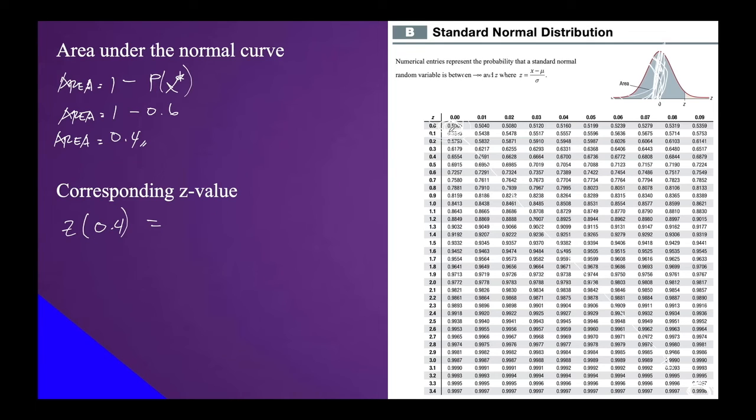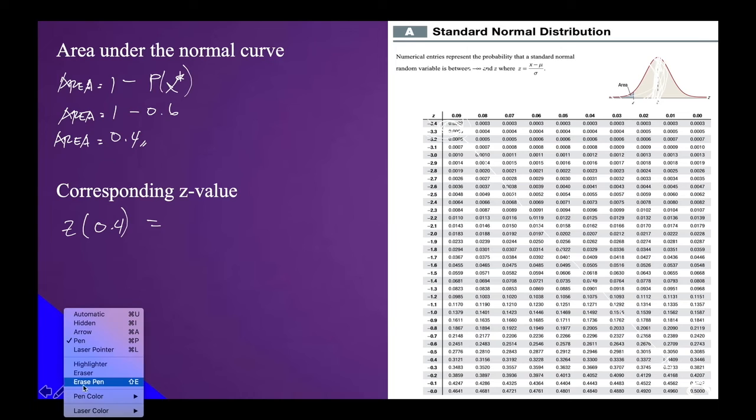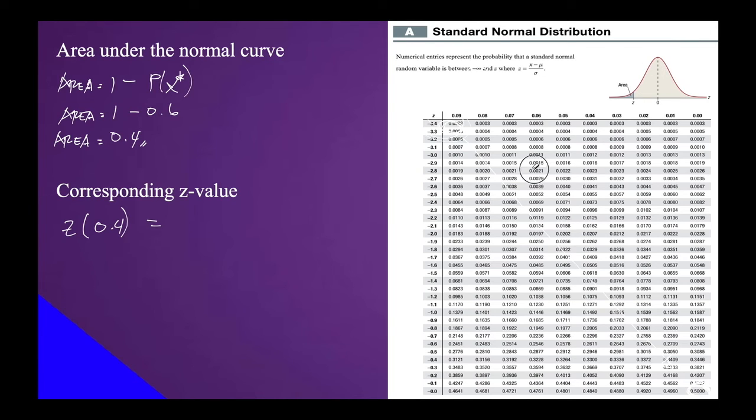0.5 agad ito. Ibig sabihin, malaki yung chance or yung probability na itong probability na yan nasa kaliwang part ng ating distribution table. Therefore, gagamitin natin yung isang type of the distribution table which is this one. Ayan.